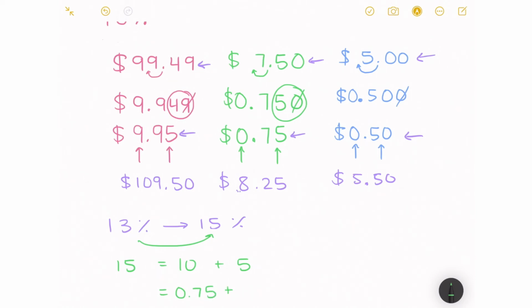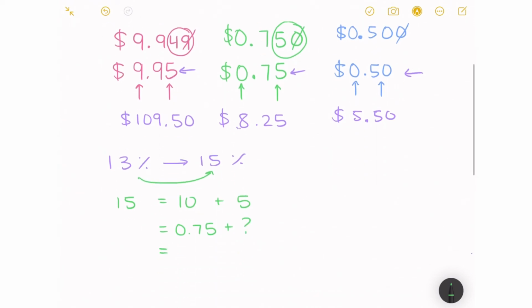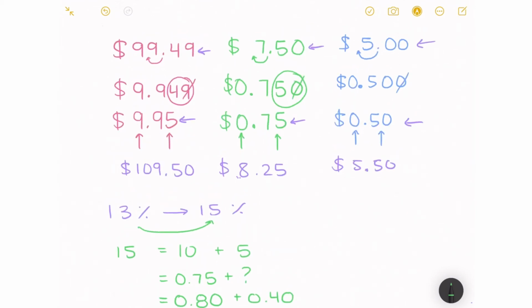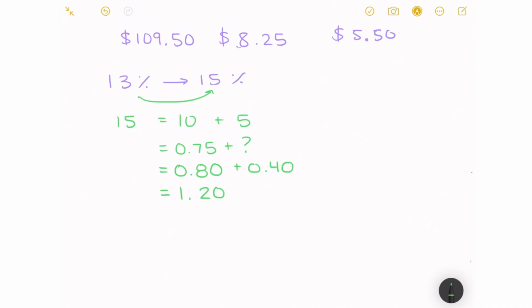So what we can do in this case is round our 75 to 80 because that number can be divided by 2 really easily. So 80 cents or $0.80 plus half of that, 40 cents. That gives us $1.20.